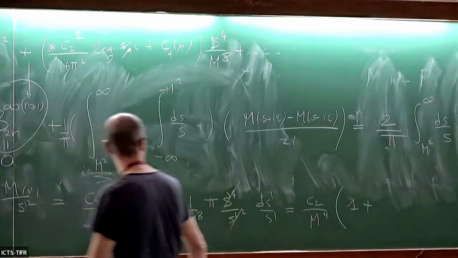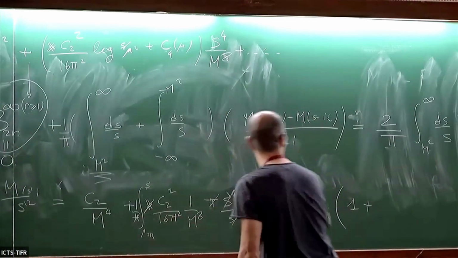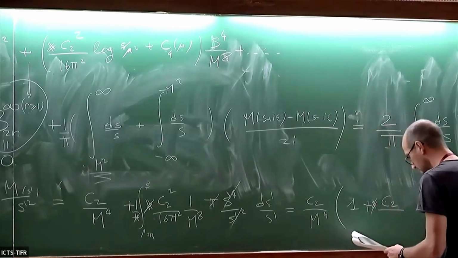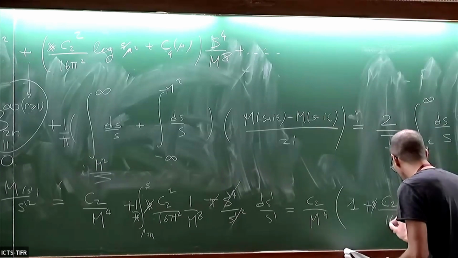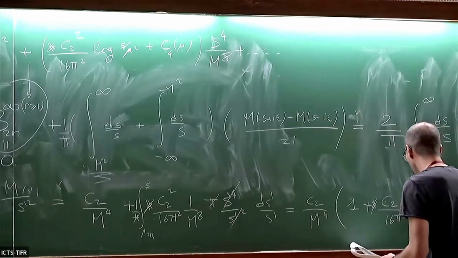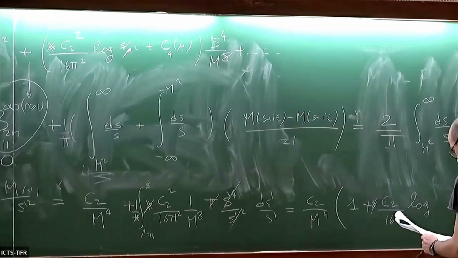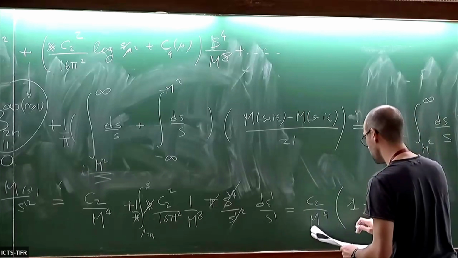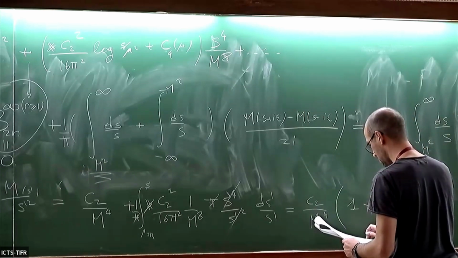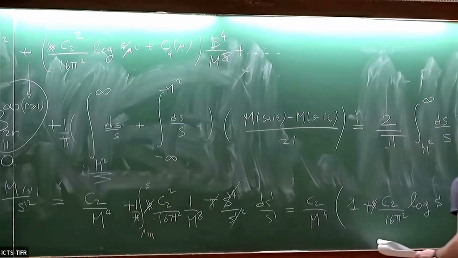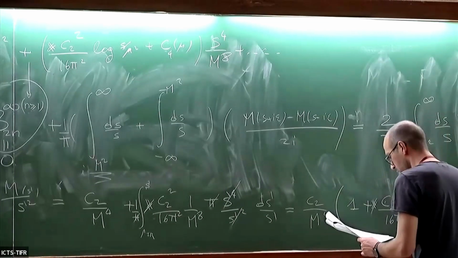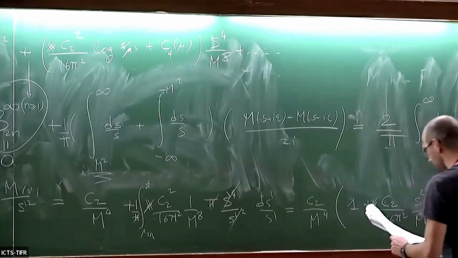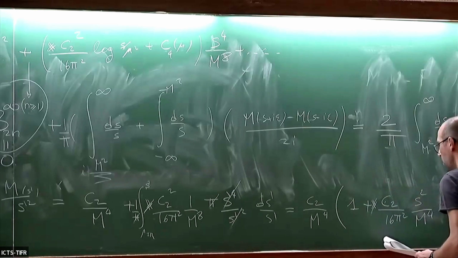This pi is going to cancel with this pi. So plus c2, some number, over 16 pi squared, s squared divided by m to the fourth, plus these corrections.